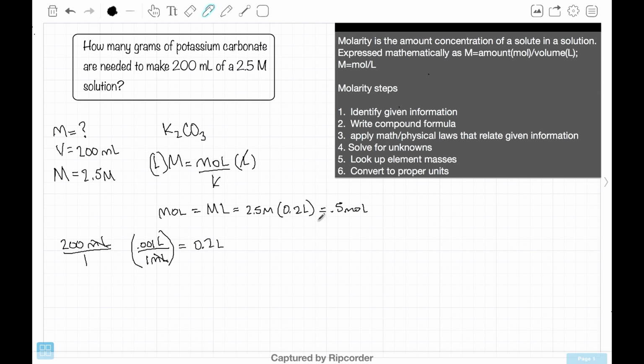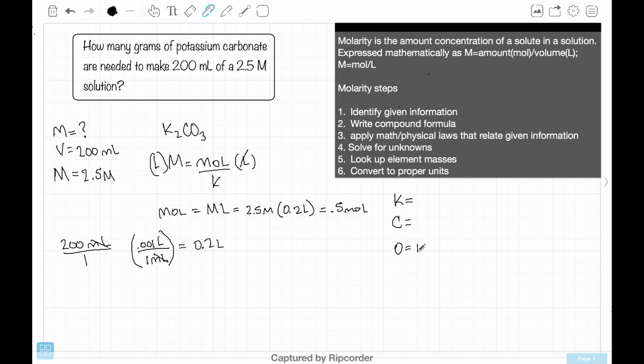Now, we have the compound formula here, and we have to take that and the moles that we were given and find the relationship between the moles and the grams. So the next step is saying look up element masses. So we have potassium, we have carbon, and we have oxygen.